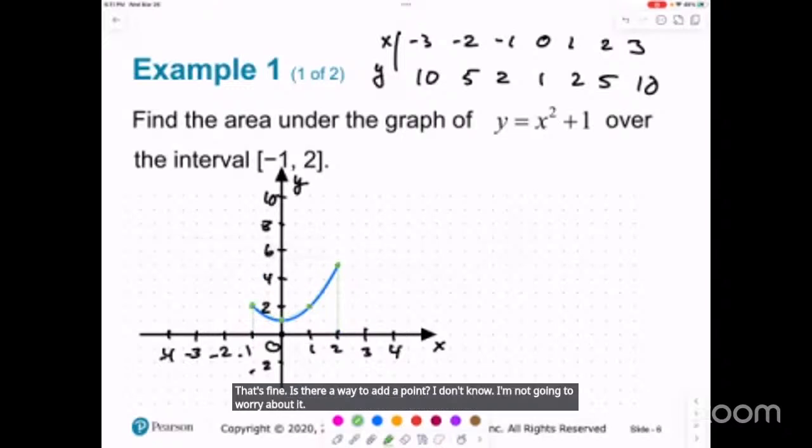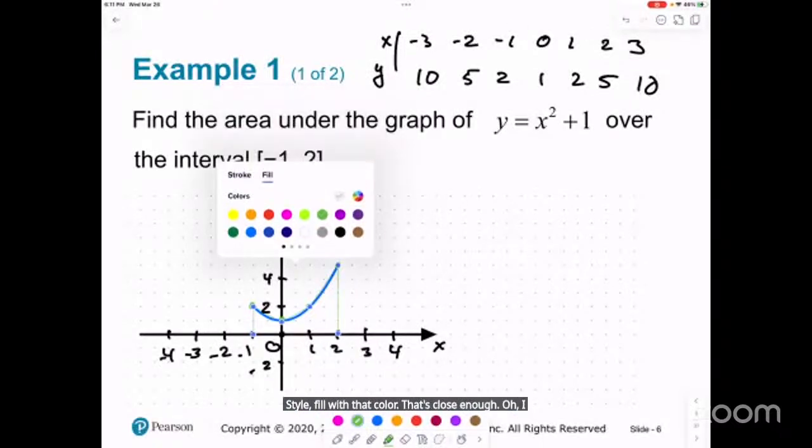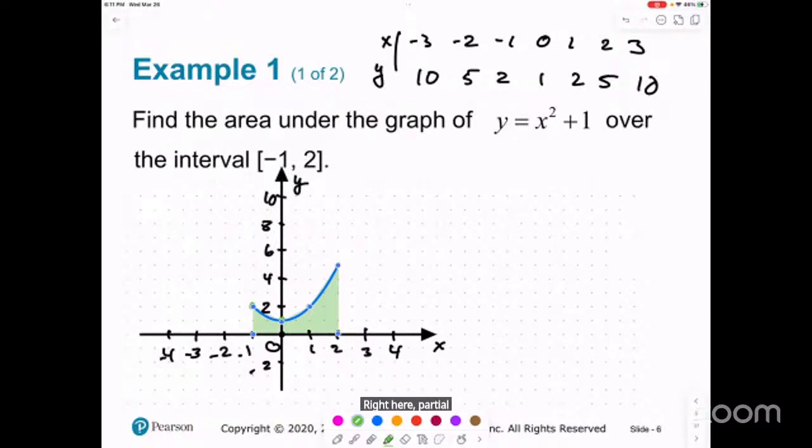Style, fill with that color. That's close enough. Oh, I know what I could do. Right here, partial. A little bigger. I'm not feeling that at all.